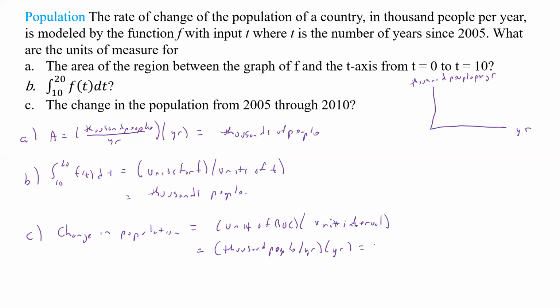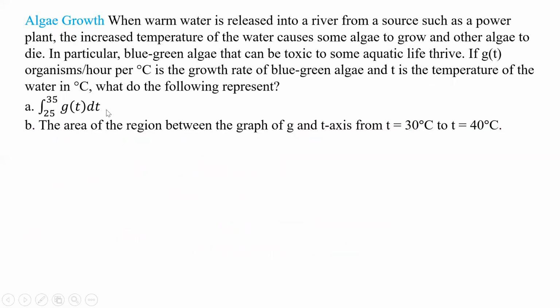And again, we get 1,000 people. So that's basically showing you that they all come back with the same units. All right, what about the next one?